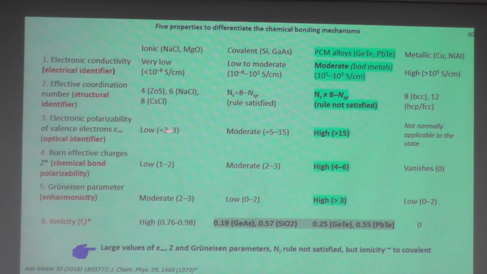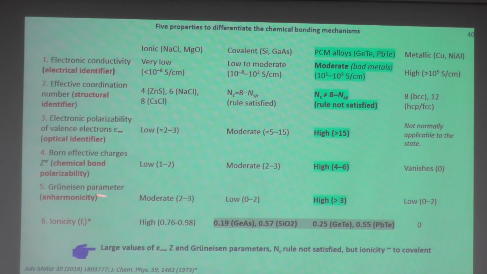For electron polarizability, they have very high electron polarizability, as we have seen. The others show ionic low or covalent moderate. The metallic is normally not applicable to this. Born effective charges: for ionic it's low, for covalent moderate, and again for PCM high.